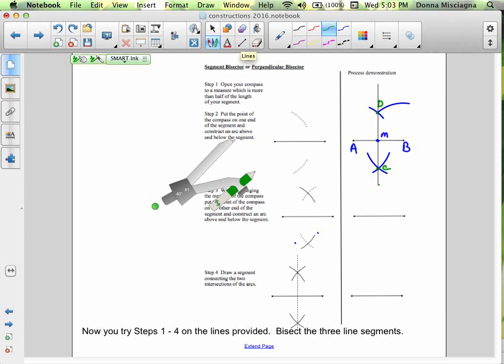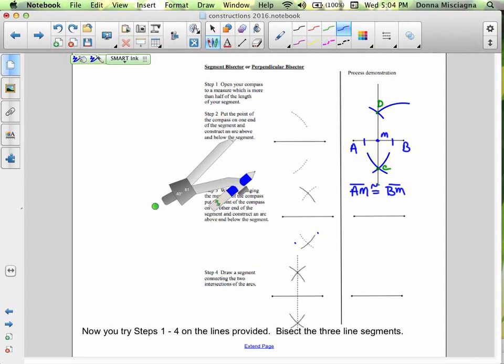What I'm going to say about this construction is that segment AM is congruent to segment BM. These are the exact same length. The other thing we can say is that this is a bisector, it divides the segment in half.